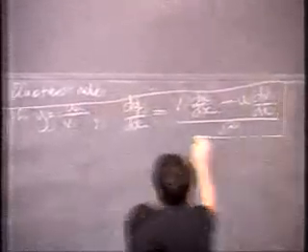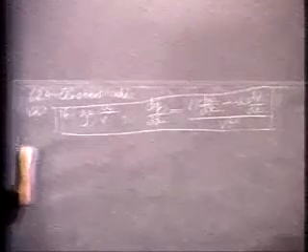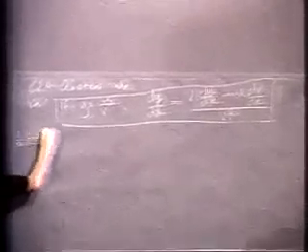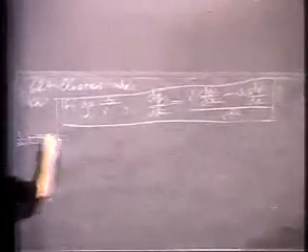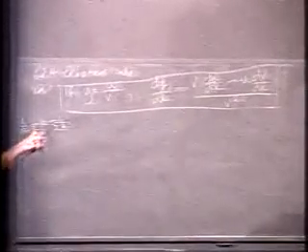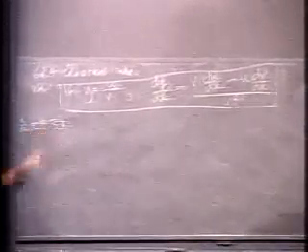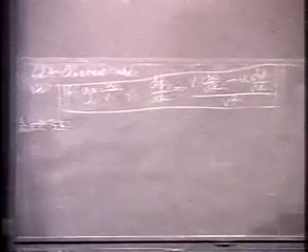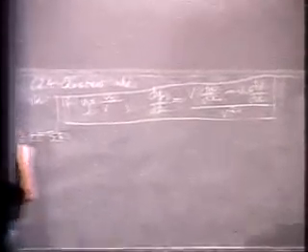Just to motivate where the v squared comes from, the derivative of 1 over x is minus 1 over x squared. You can work this out by writing 1 over x as x to the minus 1. So you're going to get minus 1 x to the minus 2. But this is quite a useful thing anyway.